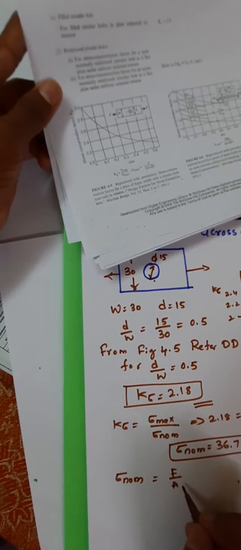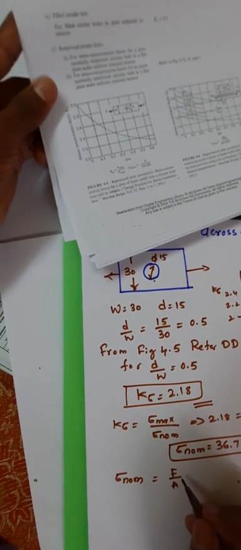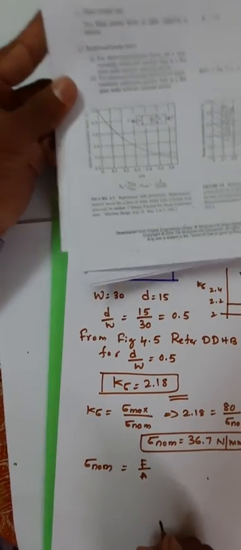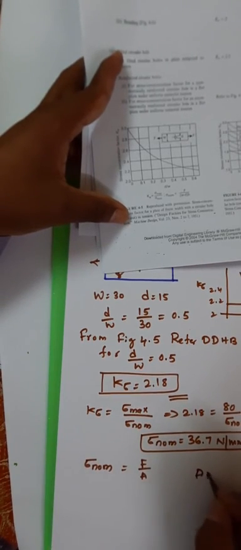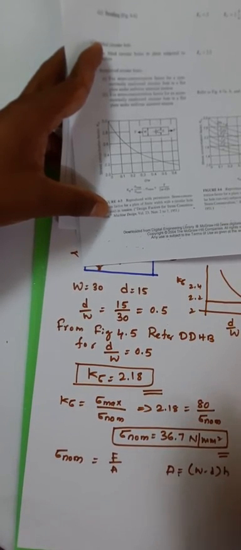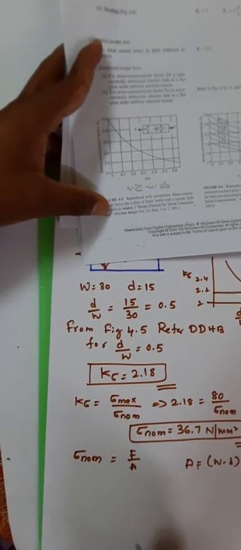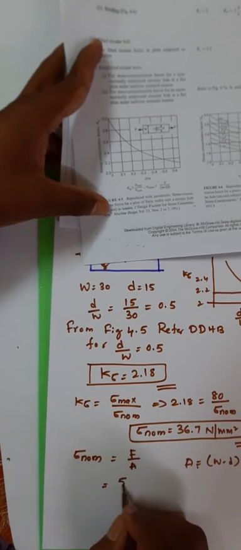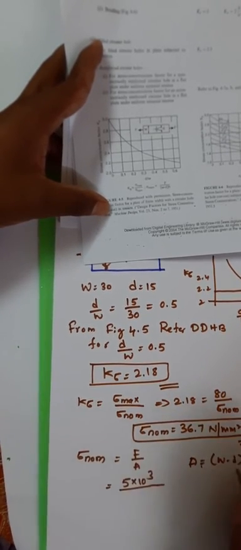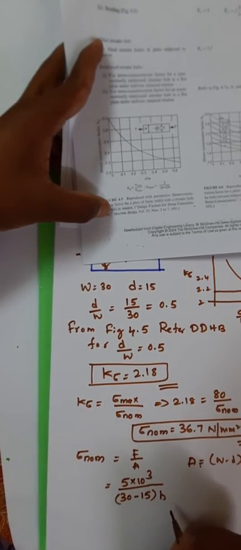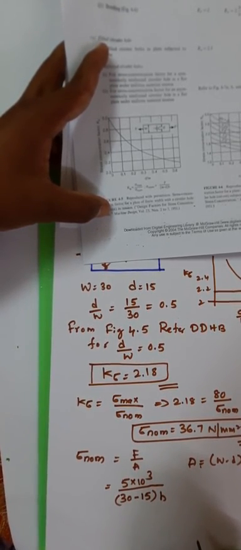How to find that area with respect to a plate with a hole? We already discussed one problem in the beginning of the classes itself. So here area is equal to width minus D into H. If you substitute this value into the formula, we know the axial force of 5 into 10 to the power 3 divided by width 30 minus 15, where 15 is the diameter of the hole, and we don't know H, the thickness of the plate.